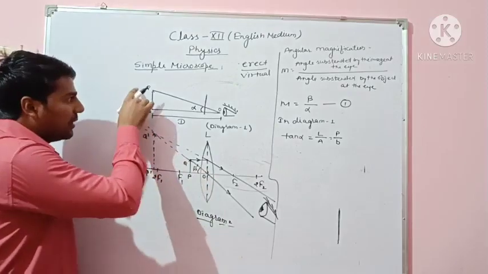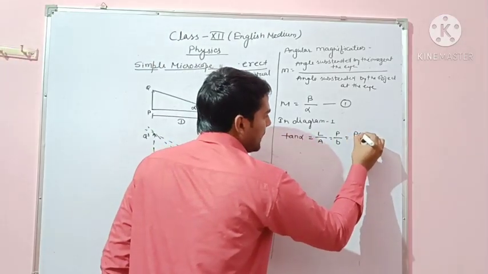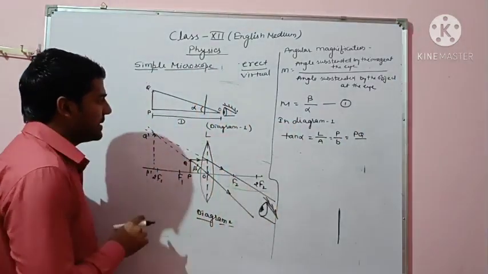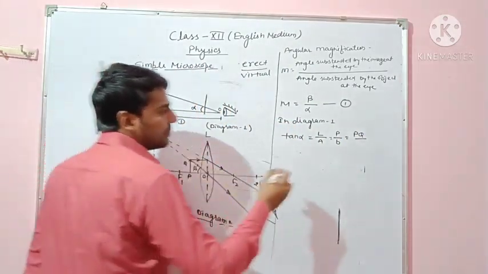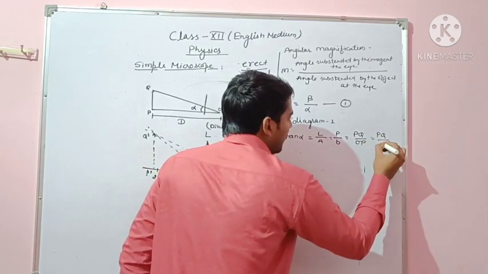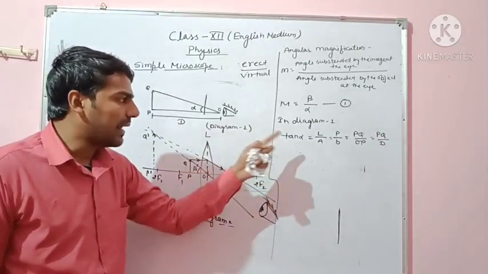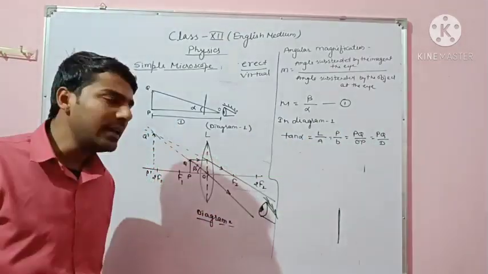Here the perpendicular is PQ, and the base equals OP. So PQ upon D, because the length of OP is D. So tan alpha equals PQ upon D.